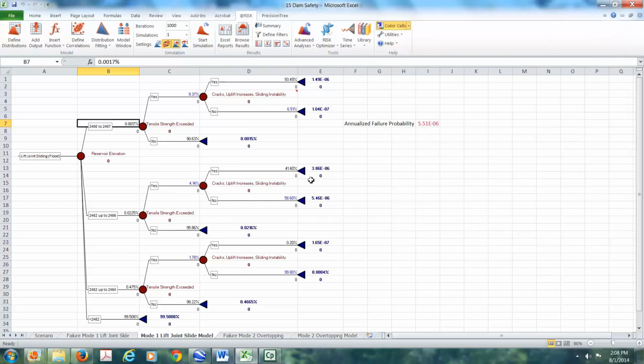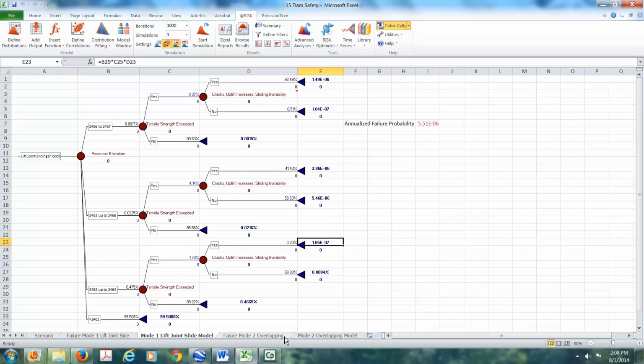And it provides an estimate of the probability of each pathway. This times this times this equals this. And so this is the probability of a failure from this pathway. This is the probability of a failure for this pathway. For this introduction to the model, we'll only be interested in the annualized probability of failure from all three. So this number right here just takes the sum of this plus this plus this.